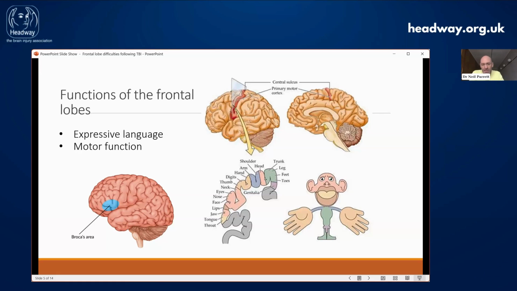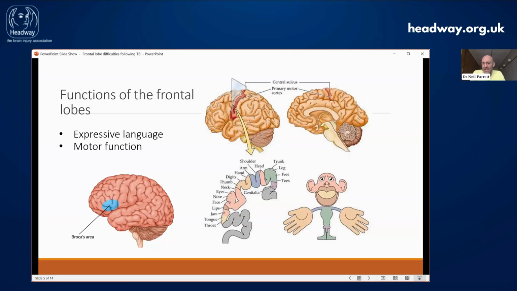On the bottom right-hand side, you can see a picture of a homunculus. This essentially describes how our brain really sees our body, with a lot of focus on hands and our mouths and our sensory organs compared to maybe our arms, our trunks, and our legs and feet.